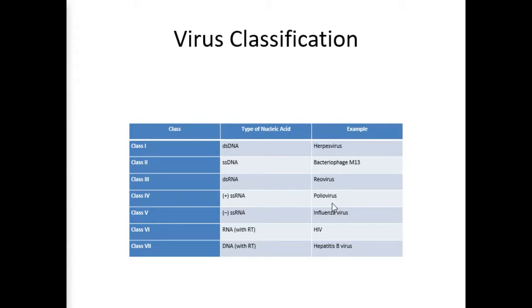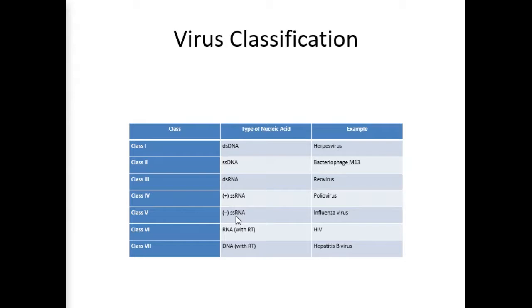Okay, and the class 4, that's SARS-CoV-2. SARS-CoV-2 is an enveloped positive-sense single-strand RNA virus, and SARS-CoV-2 has a 33.5 kilobase genome. The SARS-CoV-2 genome is considered the largest among all RNA viruses. Then we have class 5, that's antisense single-strand RNA.